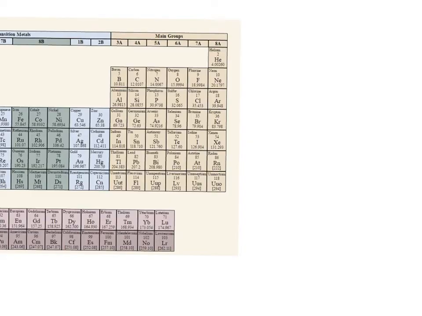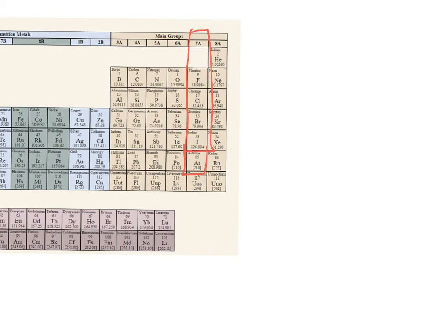All right, let's take a look at the elements in group 7A. The nonmetals, specifically I'm going to be looking at those guys, and to a lesser extent astatine.